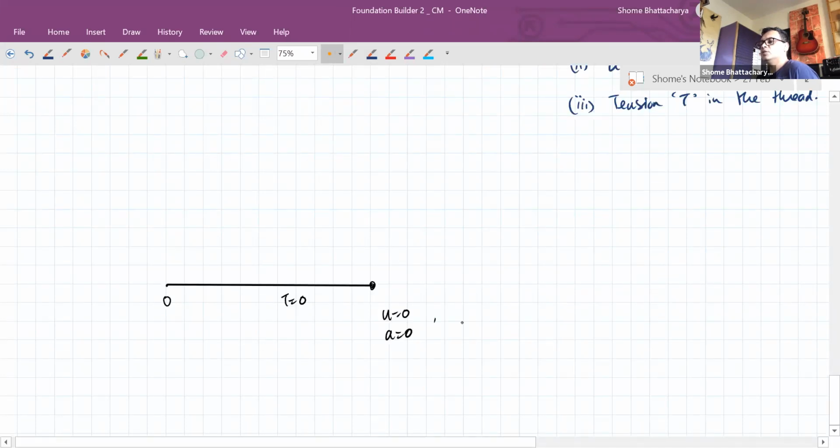So acceleration of the particle is 0, initial velocity is 0, and mg, which is into the plane, is balanced by normal reaction, N, which is coming out of the plane.